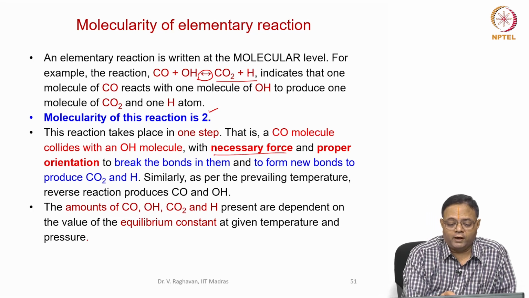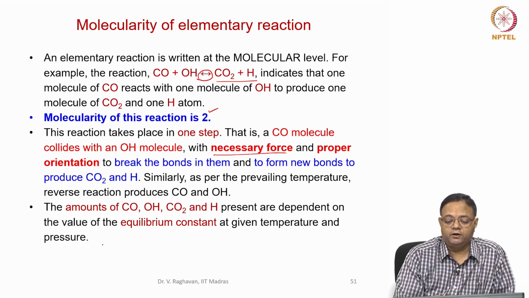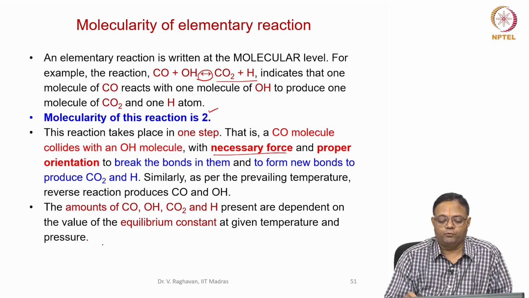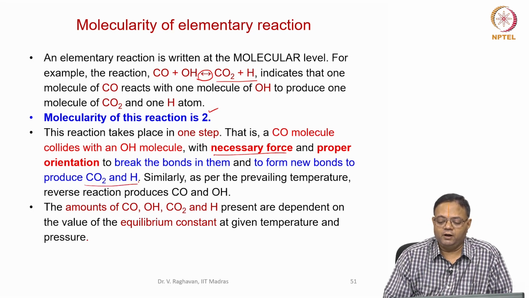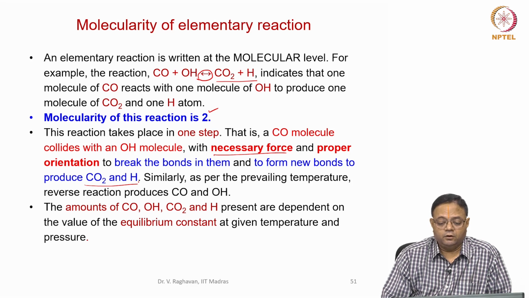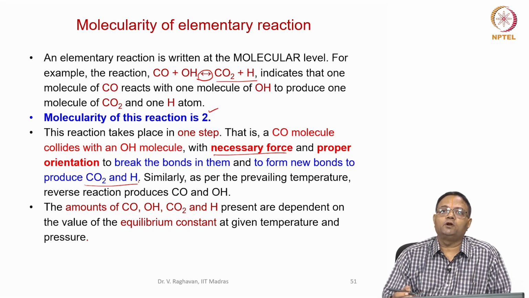So, the collision between the CO and OH molecules with necessary force and proper orientation will help break bonds and form new bonds and produce the products. Similarly, the reverse reaction also will take place. Again, CO2 and H will collide to form CO and OH.